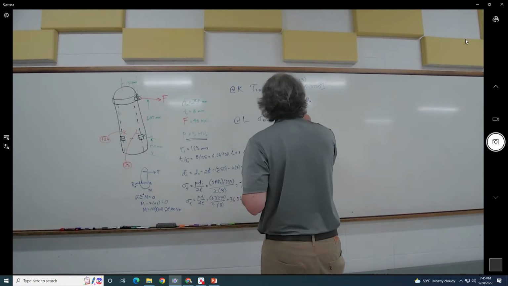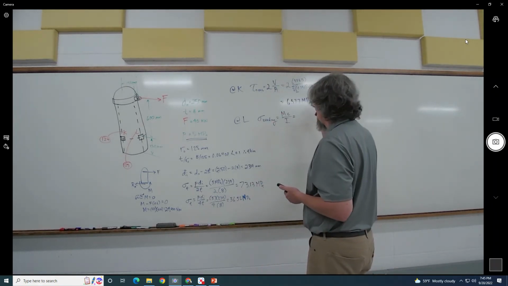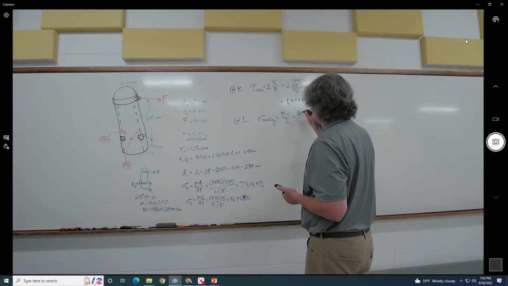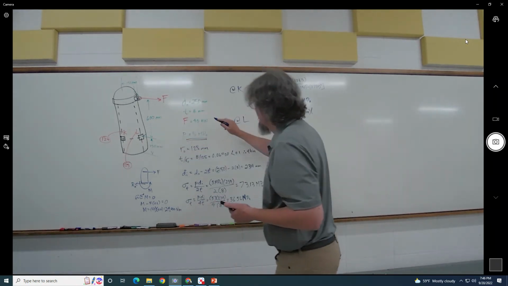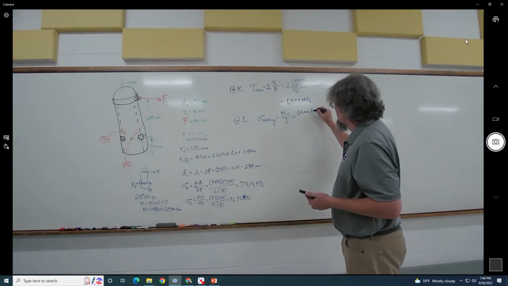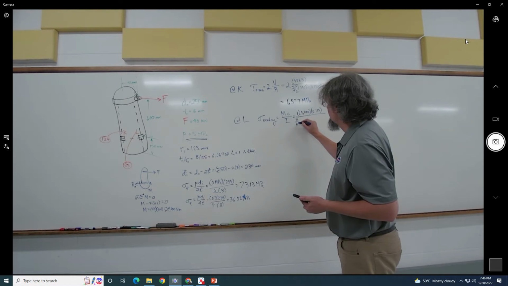Remember that this is going to cause compression, so I'm not going to bother with a negative in front of it, but 24,000. And now we need the radius, which is the outside radius, so 0.125. And then we need pi over 64 and 0.250 to the fourth.